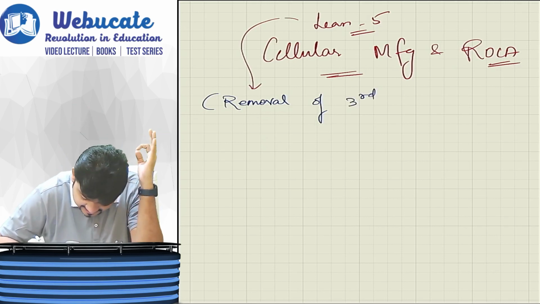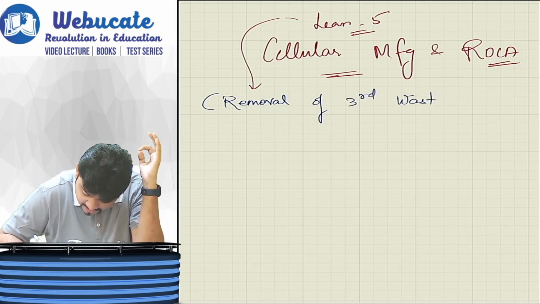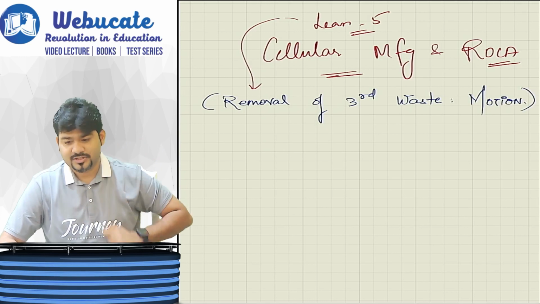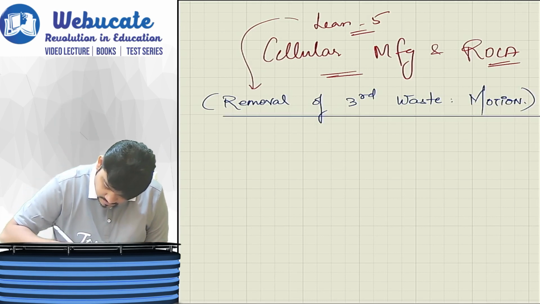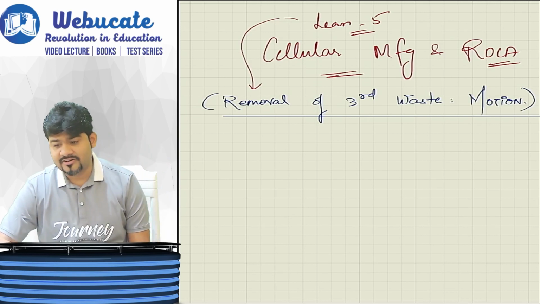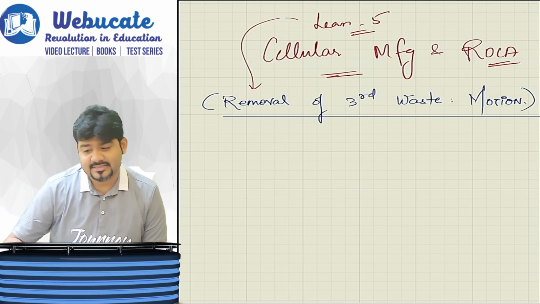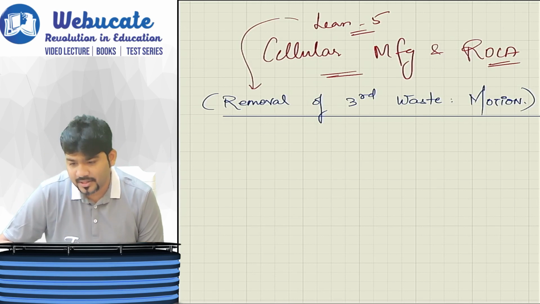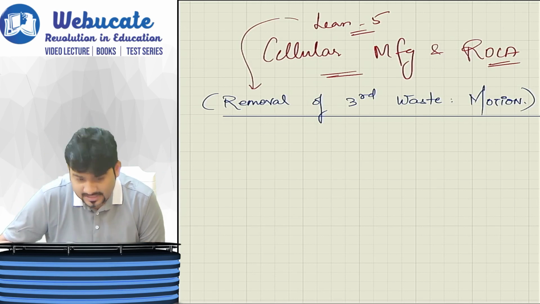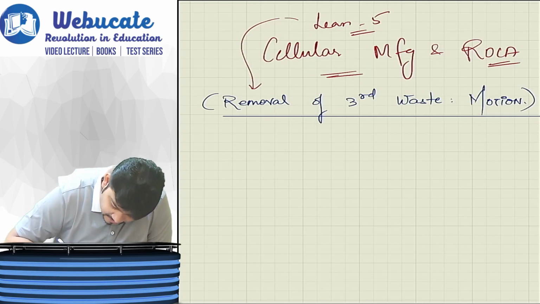So Lean 5 is introduced for removal of the third waste, and that is motion. And if this third waste is removed, then in that case, I think it will be a very, very good thing for the company.